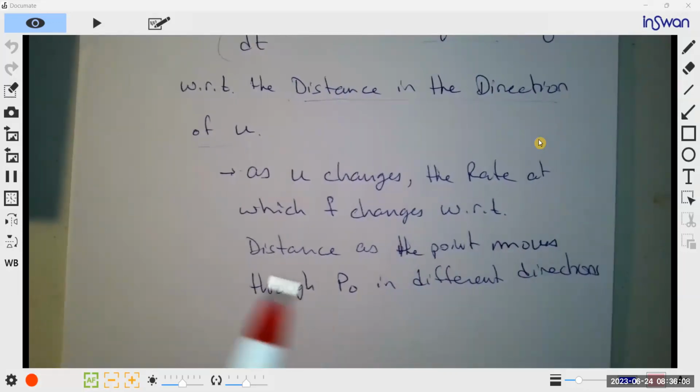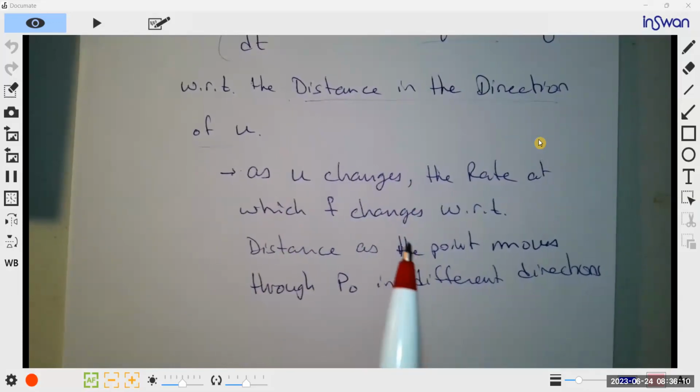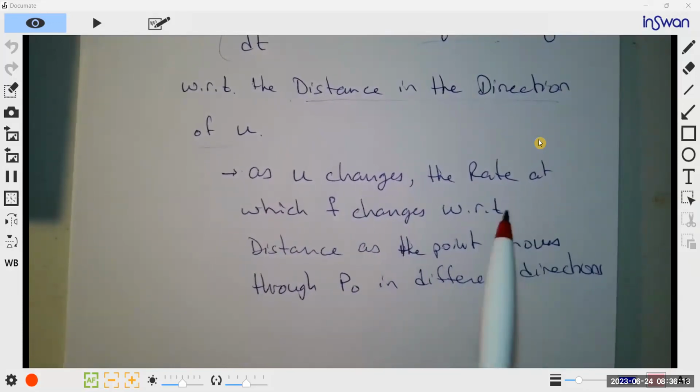Okay, it's a vector, and as long as you have a vector, the values change along the way, and that changes the direction.